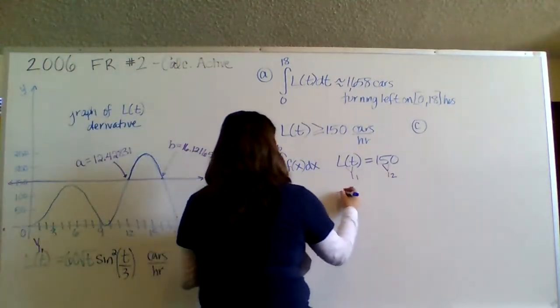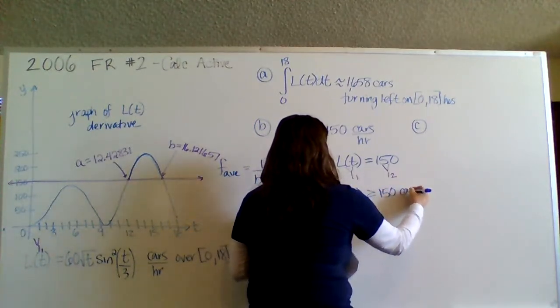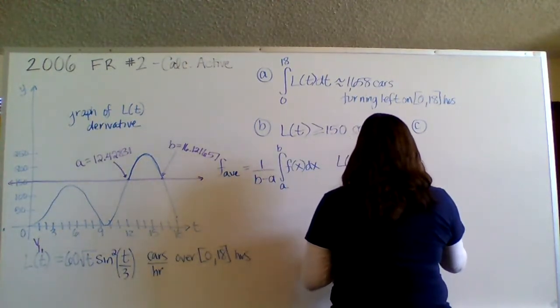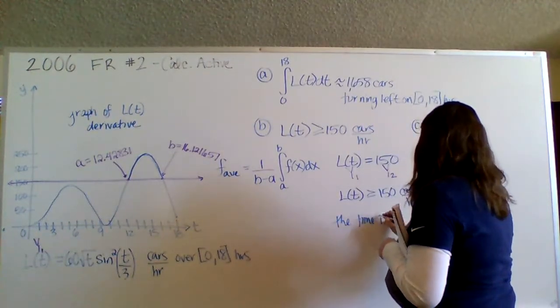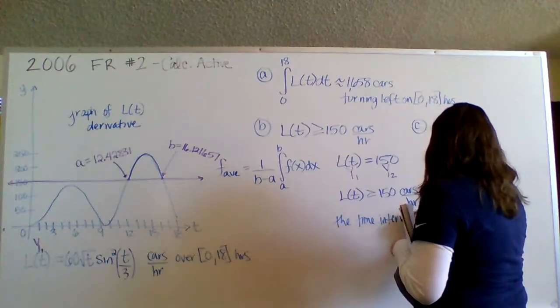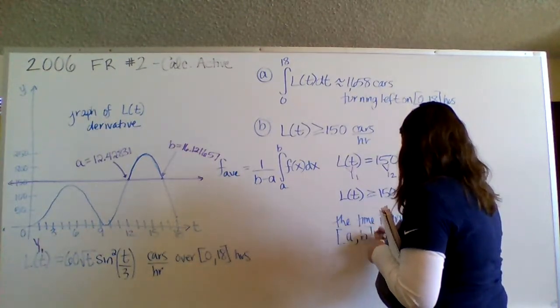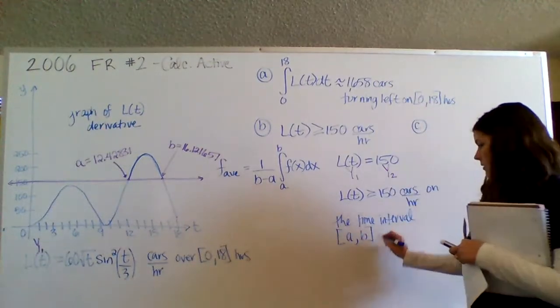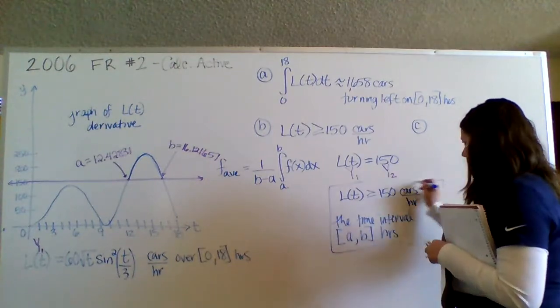So L of t is going to be greater than or equal to 150 cars per hour on the time interval in between, and since I labeled them A to B, I'm going to say A to B with closed brackets, hours. So here's my first part.